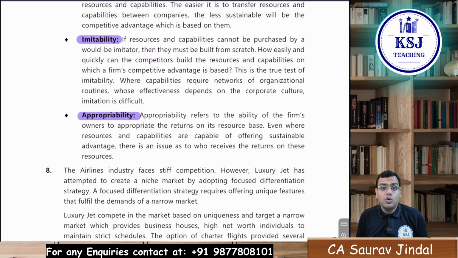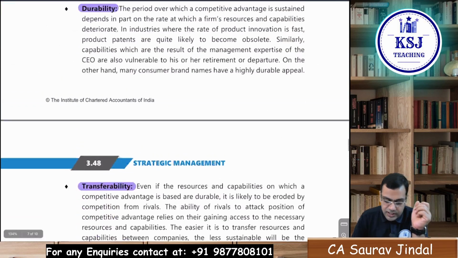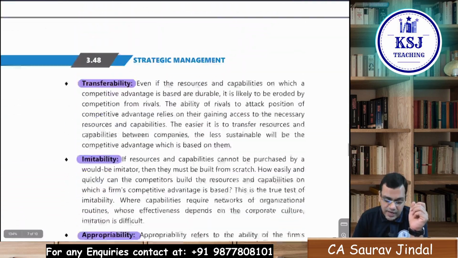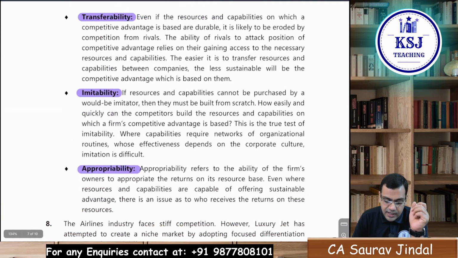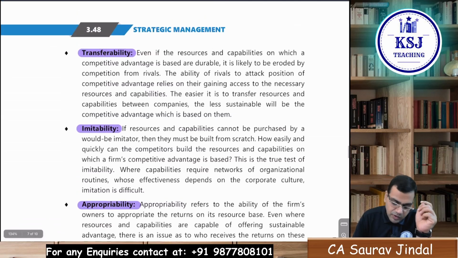Appropriability refers to the ability of the firm owners to appropriate the returns on its resource base, even where the resources are capable of offering. There is an issue as to who receives the returns. Appropriability means who will get the ultimate returns from those resources and capabilities, right? So these are the 4 major things, that is durability, transferability, imitability, and appropriability.